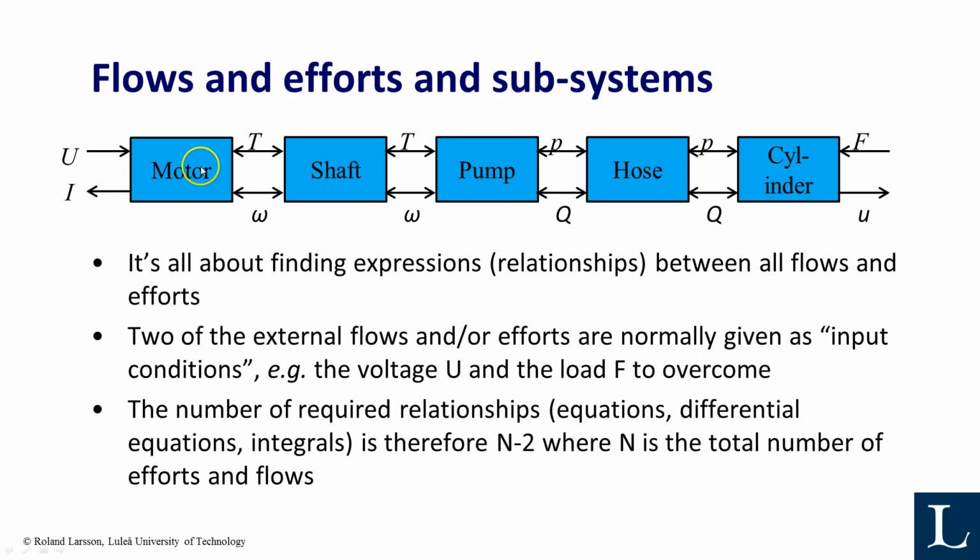What we actually know is that we don't know how much current the system needs, but we probably know the voltage of the system. We connect this system to the power grid, then it has a certain voltage. So what we actually know is the applied force here and the voltage at the other end. The other parameters we don't really know.